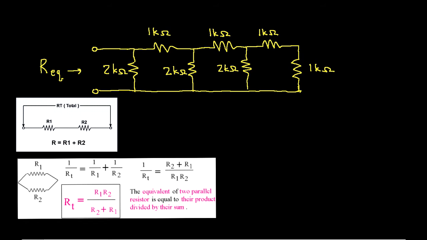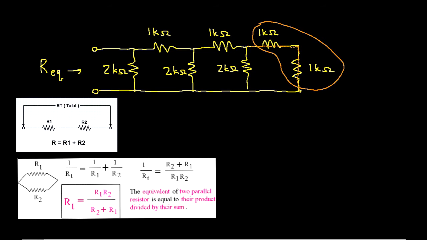So if we look at this circuit, we want to find either a series or a parallel combination of resistors. And if you look at these last two resistors here, those two resistors are in series. How do we know that? Well, if you think of yourself as being an electron or some other charge carrier that's moving along, you go through the 1 k ohm resistor here, you turn the corner, and you have to go through the other 1 k ohm resistor.